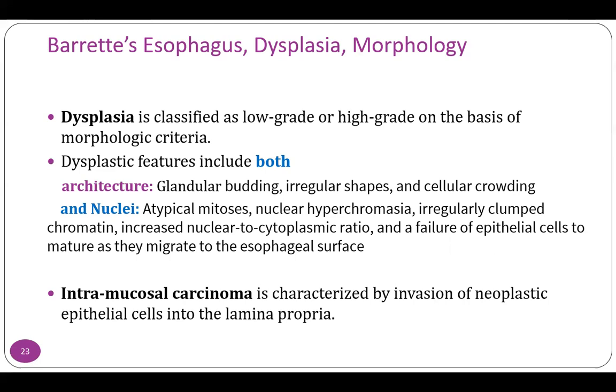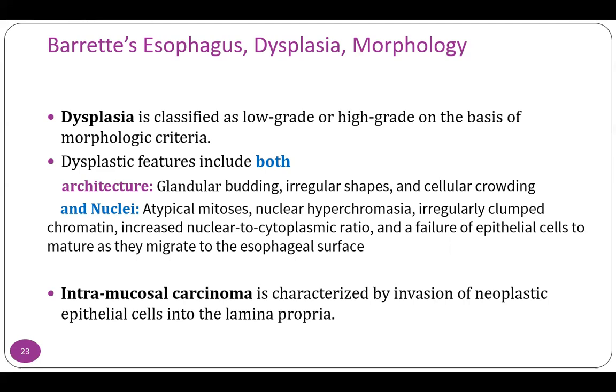Usually we look at the cellular level. However, even the architecture of the glands is important. Many times we see the glands overcrowded and pleomorphic, some small, some large, irregular. So it's both architectural and nuclear.